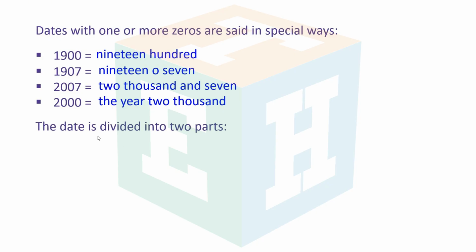The date is divided into two parts. 1998 is said as nineteen ninety-eight.